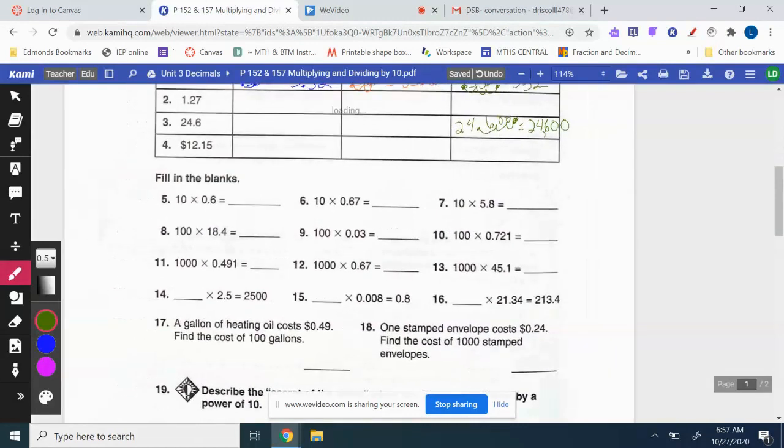That's what we're doing for numbers 1 through 18. On number 9, I move it 2 zeros, 2 decimal places. 1, 2, and it becomes 3. Number 13, I'm moving it 3 spaces. So 1, 2, 3. I know zeros go into those spaces, so this becomes 45,100.